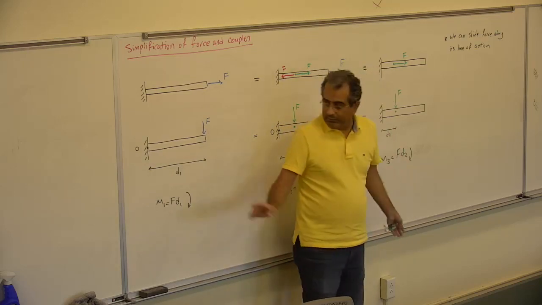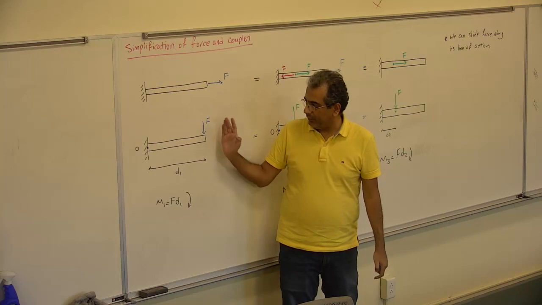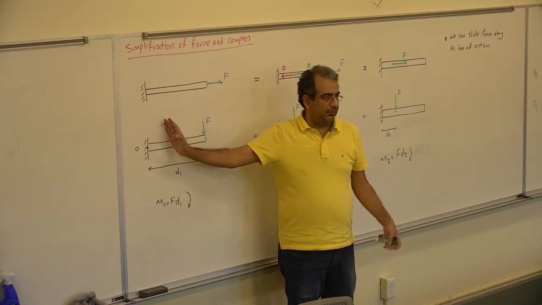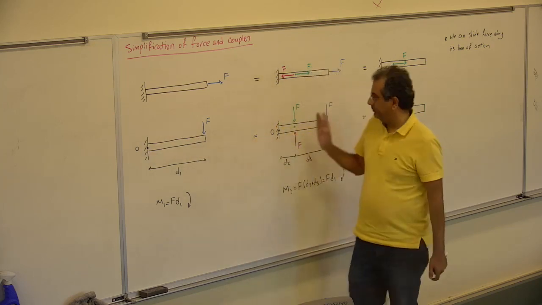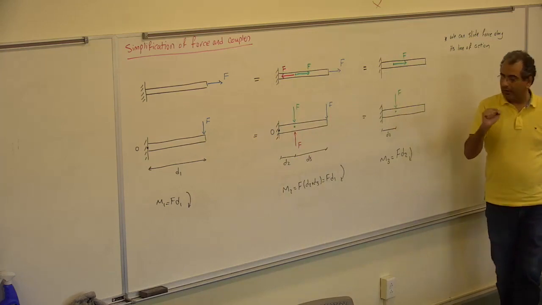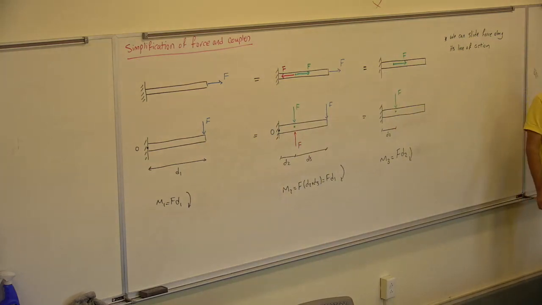So, by moving the force from here to here, what happened? I'm losing the moment. Agreed? So how am I going to compensate for that moment? How much did I lose?